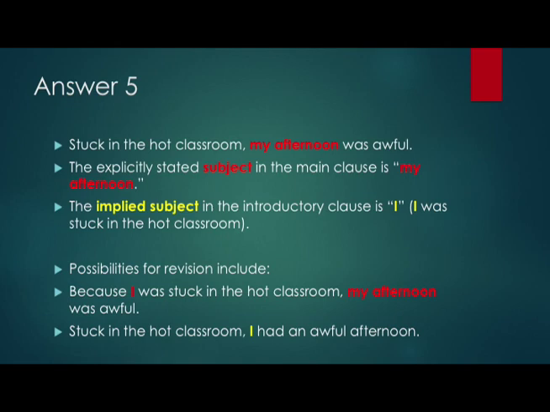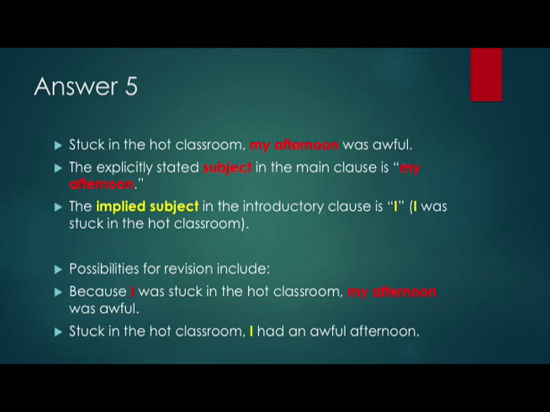Now, note here, the subordinating conjunction I use here is because, I could also say since. We can still continue to use the simple past tense. Was stuck. It's passive voice, but it's simple past tense. This is not a question of first this happened and then that happened. Those two things can happen simultaneously. While I'm stuck in the hot classroom, my afternoon was awful.